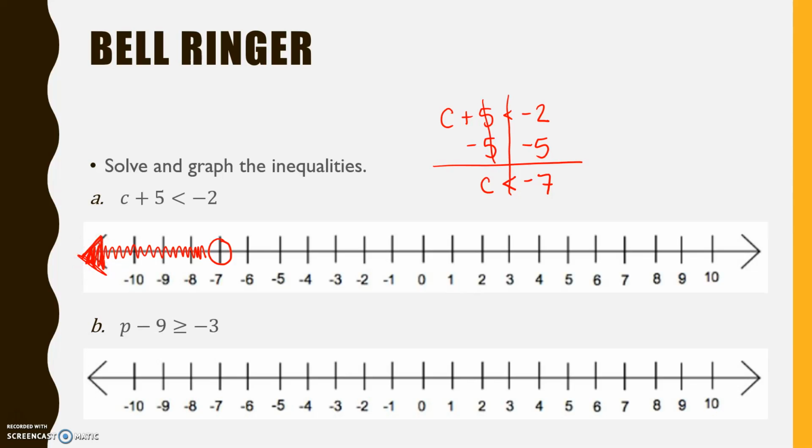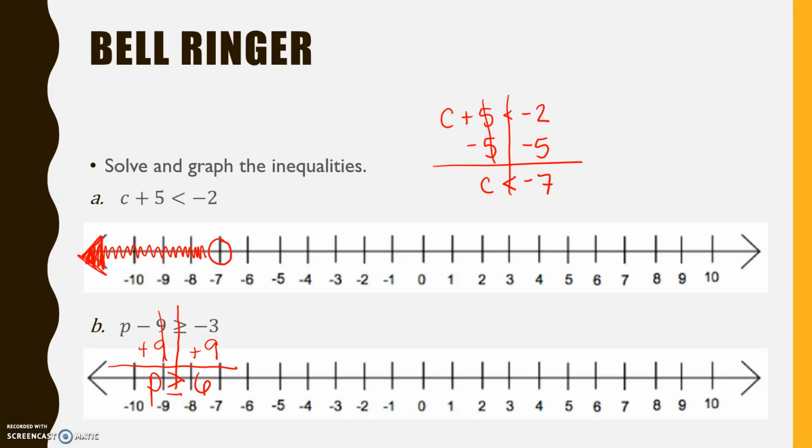All right, so for the second one, we have p minus 9 greater than or equal to -3. I'm running out of room here, so I'm just going to have to draw a little bit onto the number line. I'm going to start by adding 9 to both sides. Draw my line, and I cross those out. I get p is greater than or equal to +6.